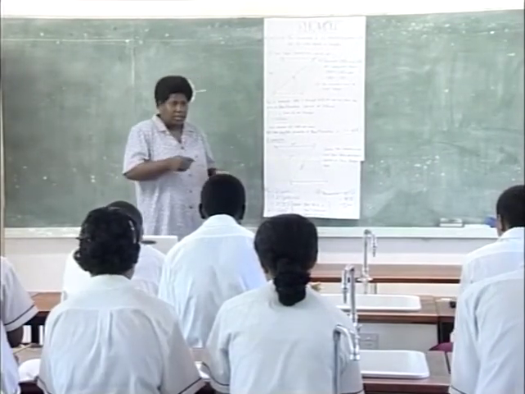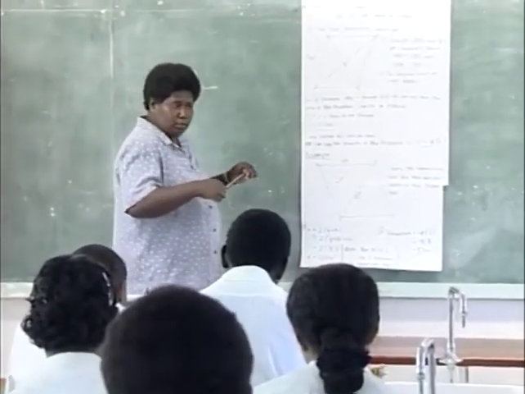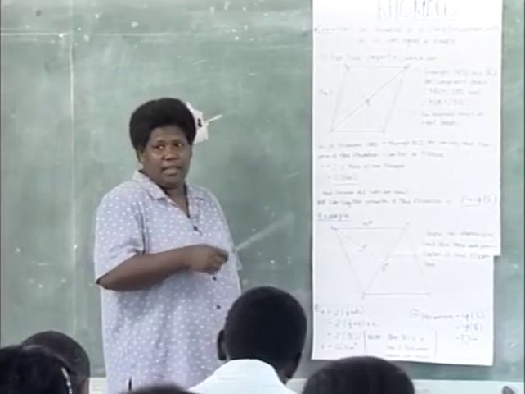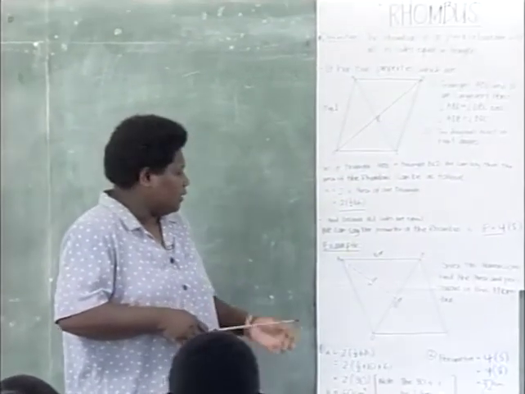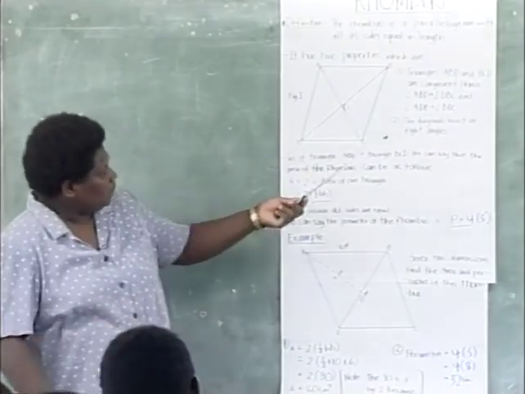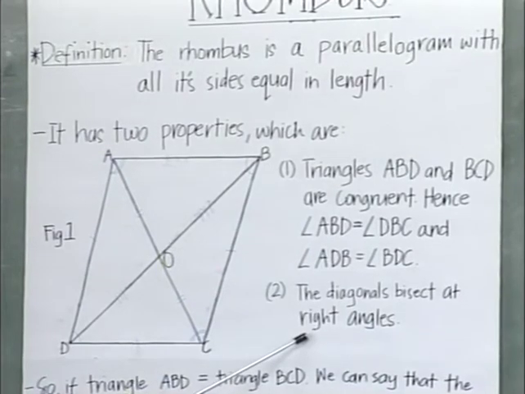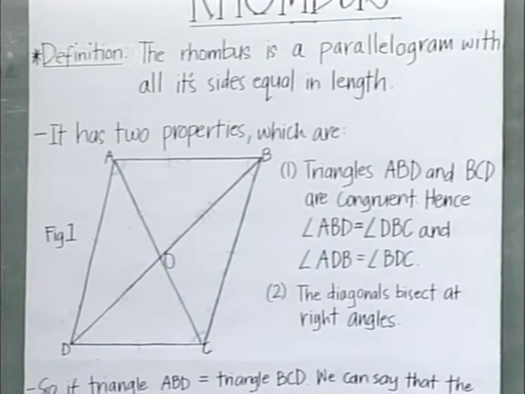Okay. There is another formula that you can use to find the area of a rhombus. Just have a look at this one. In the property, they said that the diagonals bisect each other at right angles. Have a look at the example.